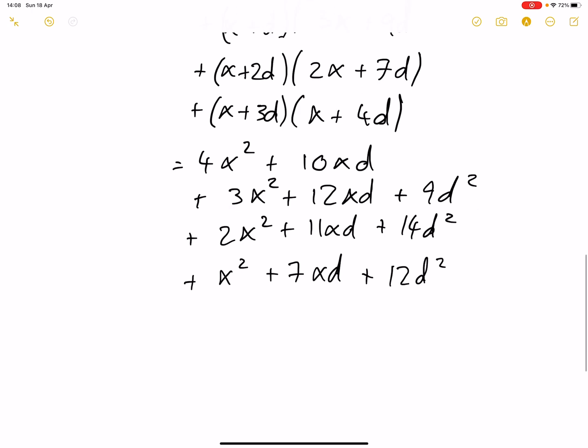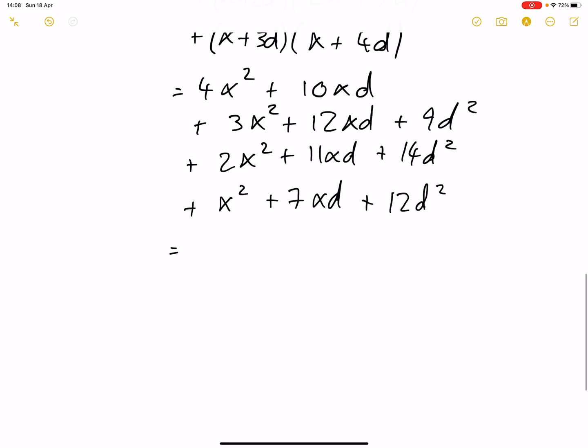And that will all make, so 4 plus 3, 7, plus 2, 9, plus 1, 10 alpha squared, plus 22, 33, 40 alpha d, plus 9 plus 14 is 23, plus 12 is 35, d squared.